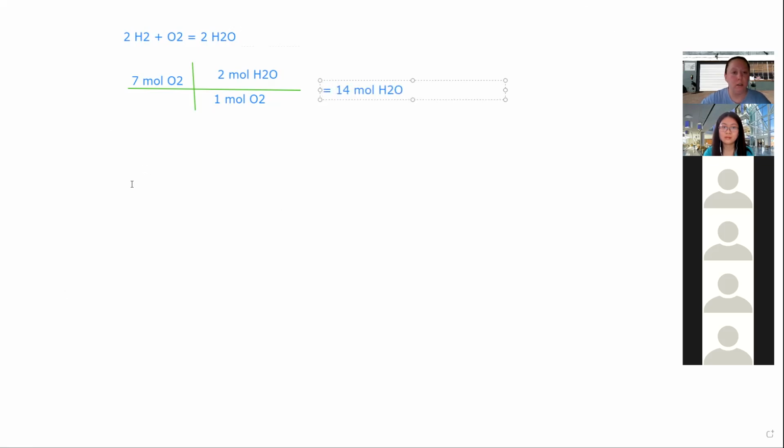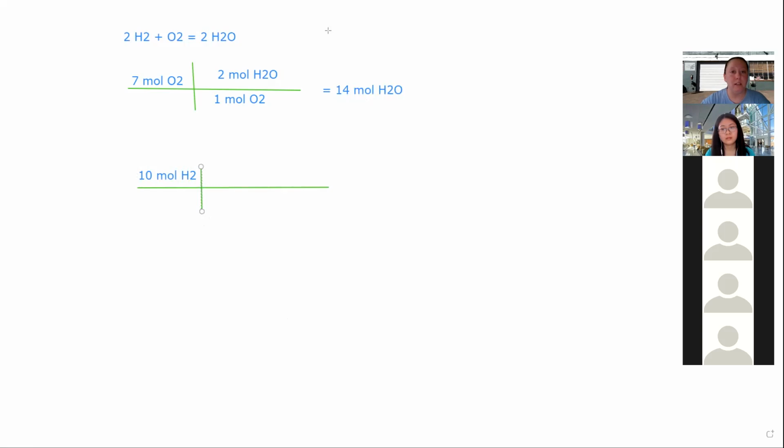And then for our other reactant, we have 10 moles of H2. How much H2O can we make with 10 moles of H2?